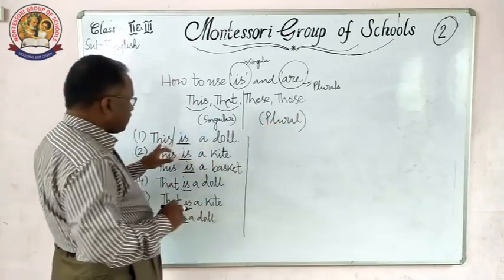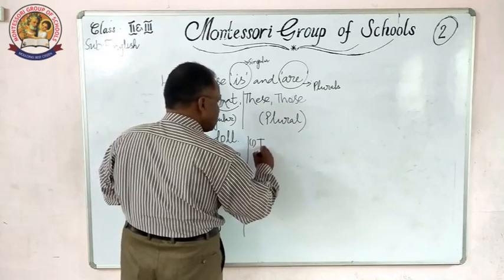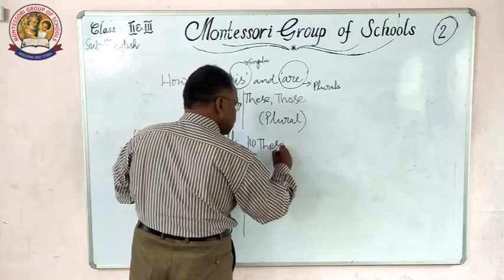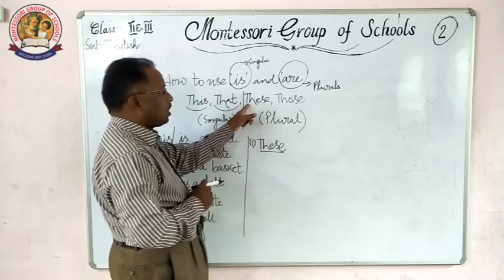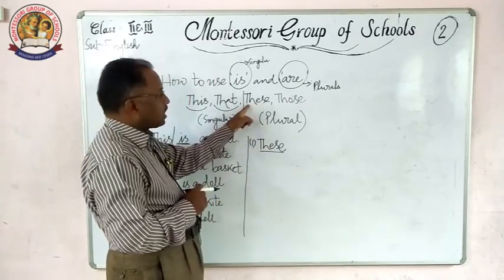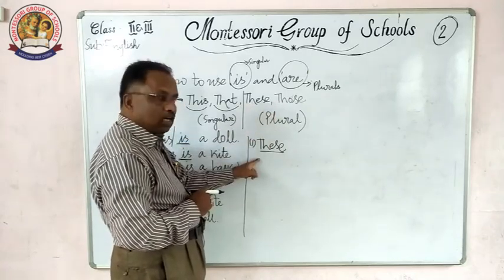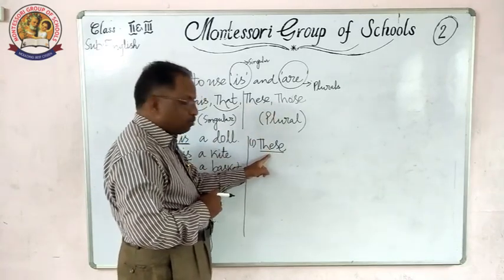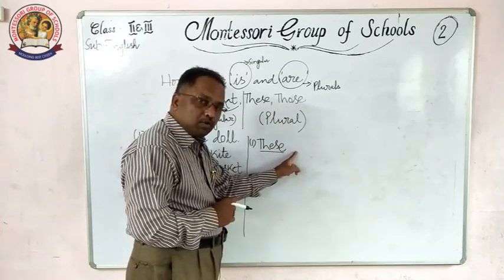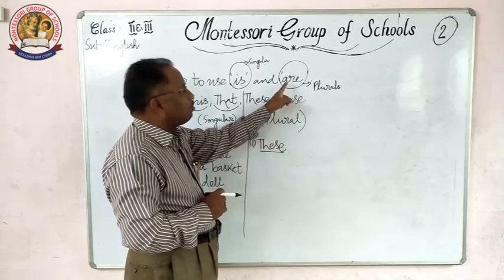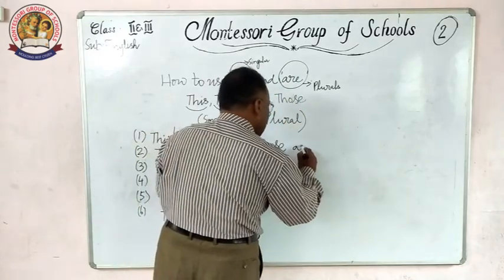The same thing, like this is a doll, I can write these. Now these is plural. Already we have discussed these and those are plural. When the pronoun is plural, the subject is plural, the verb also must be plural. Now what is the plural verb? Are. So these are.